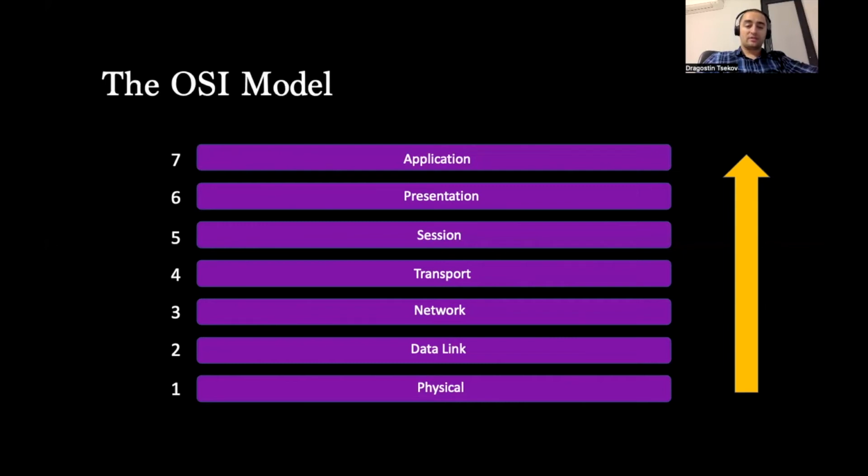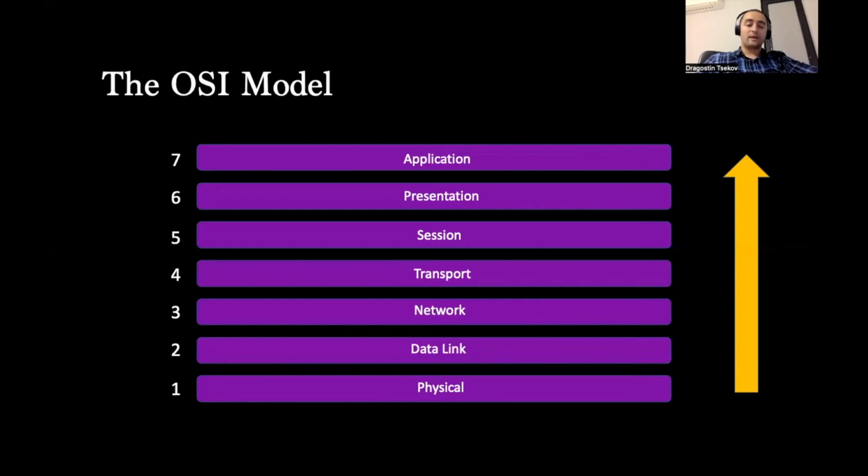So let's start describing each one of the layers so that it can make more sense, right? But just before we do that, make sure you remember two key terms. The first term is encapsulation, and the second term is decapsulation, right? Encapsulation is basically the process of a packet traveling down the OSI model.